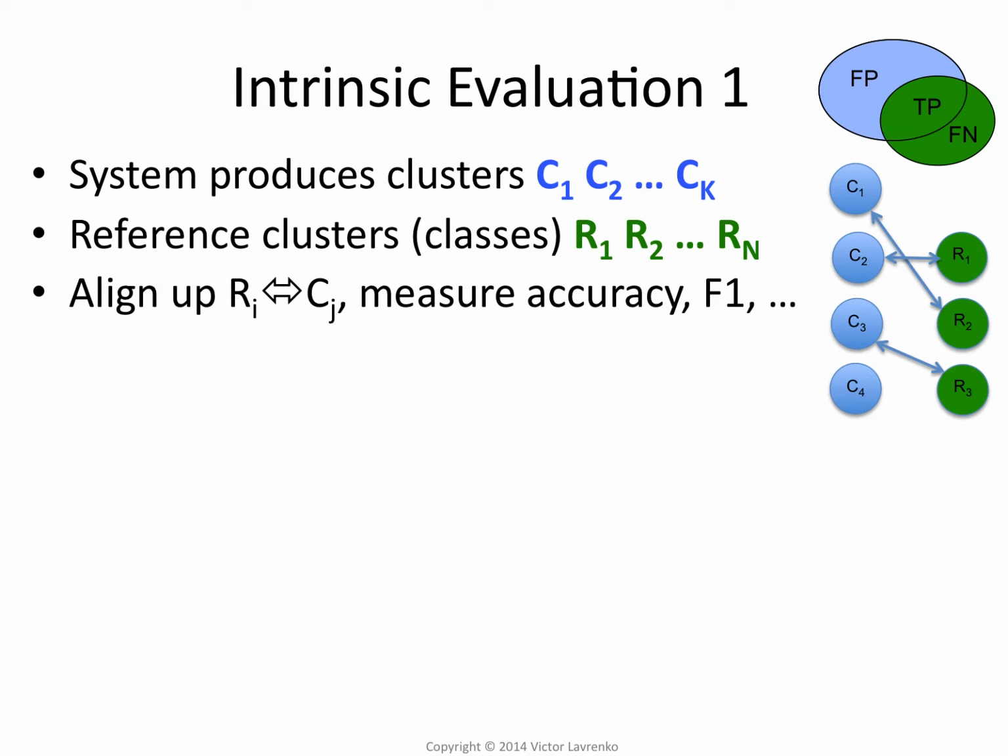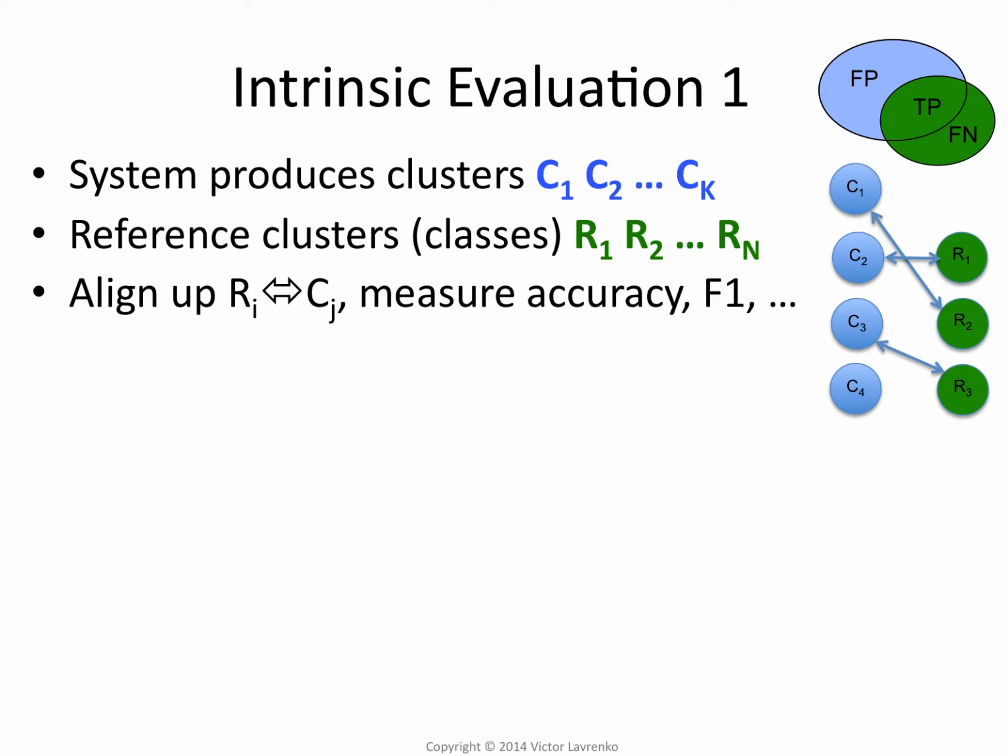How many elements are only in cluster 1 but not in class 2, that's my false positives, and how many are only in class 2 but not in cluster 1, those are my false negatives. So if I have a pairing or an alignment between system-generated clusters and reference clusters, I can compute my basic building blocks and then construct any evaluation metric I want out of those building blocks.